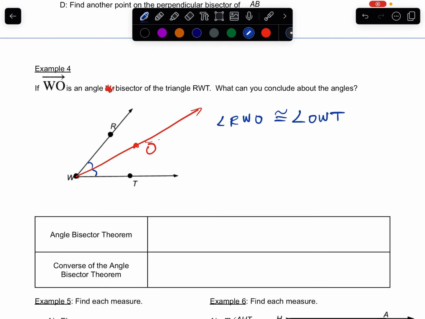Angles are the same. So what is an angle bisector? Angle bisector theorem.